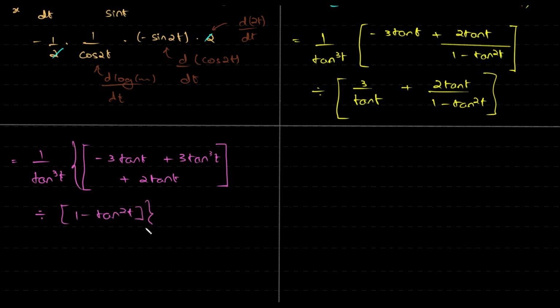This entire expression, right? So we have one more division. So again, I'm talking about this denominator. We have the LCM to be 3 minus 3 tan square t plus 2 tan square t. And this entire expression gets divided with the LCM of tan t into 1 minus tan square t.